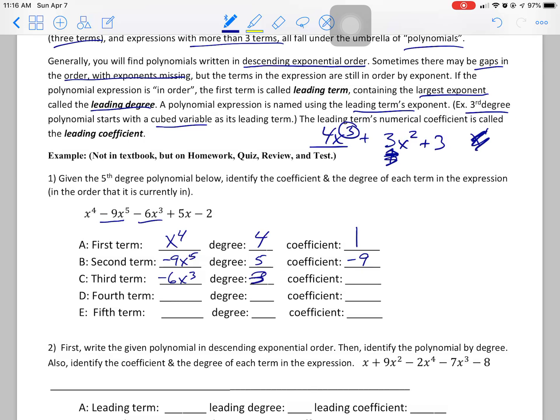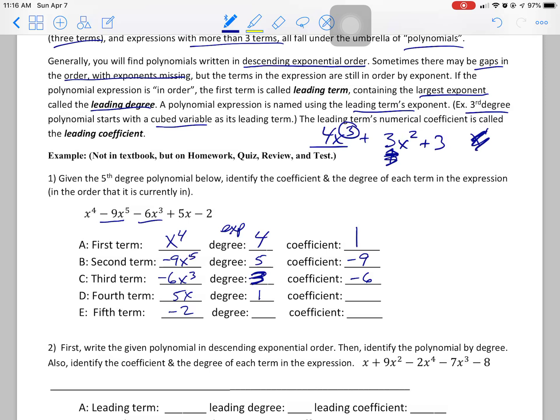It is a third degree. Polynomials don't have negative exponents. It is a negative 6 for the numerical coefficient. The fourth is 5x. This is 2. All right, the fourth term is 5x. Its degree is 1. You don't see an exponent, right? These are exponents.